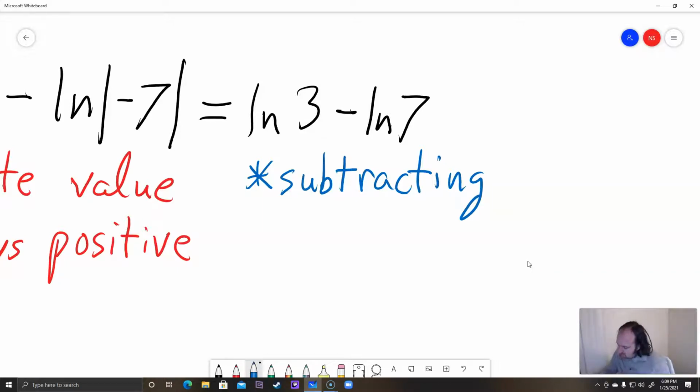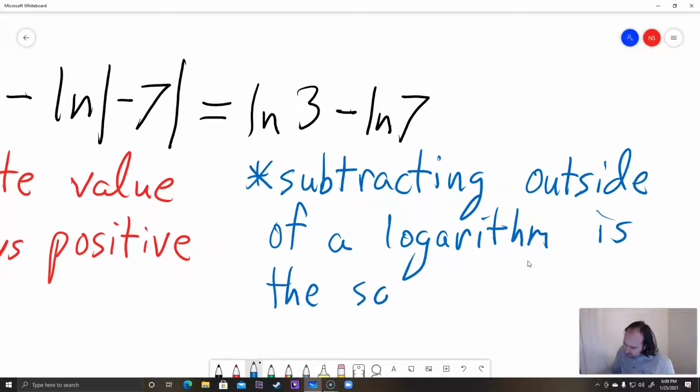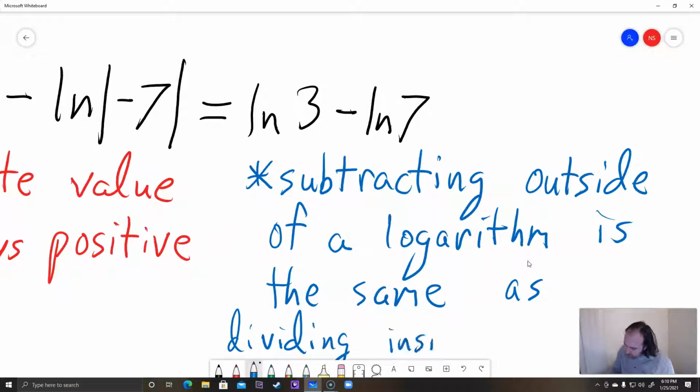Okay, so subtracting outside of a logarithm is the same as dividing inside. Okay, and that's usually called the quotient rule for logarithms from pre-calculus. I don't know if you remember that.